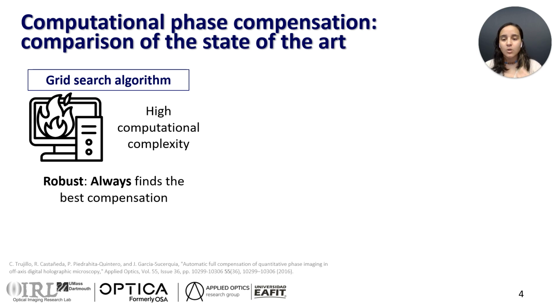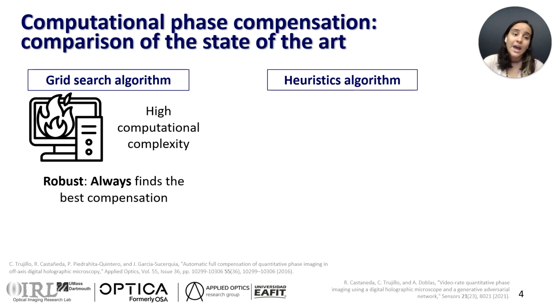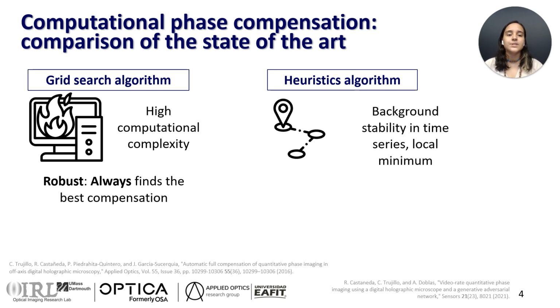The main disadvantage of this type of algorithms is that they might present background instability when compensating time series, or the local minimum problem, which is pretty common when you don't have a well-behaved function. But they are really fast algorithms for this type of task.